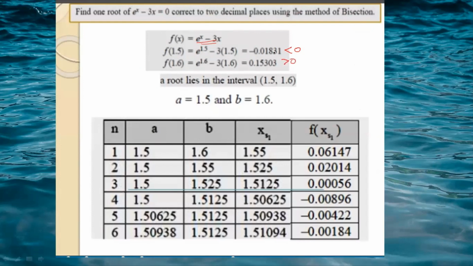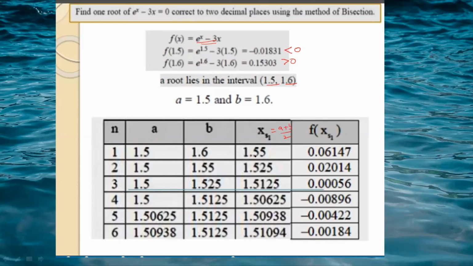So the root lies between greater than 0 and less than 0. So 1.5, 1.6, bisect it. 1.5 plus 1.6 divided by 2, that is 1.55.